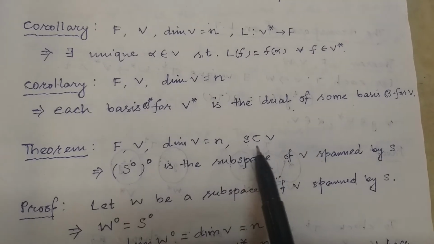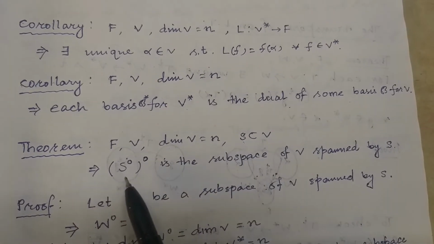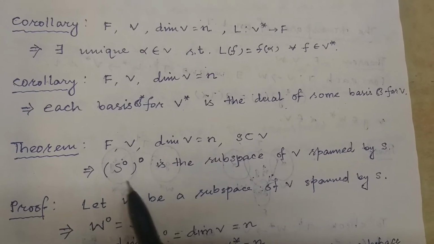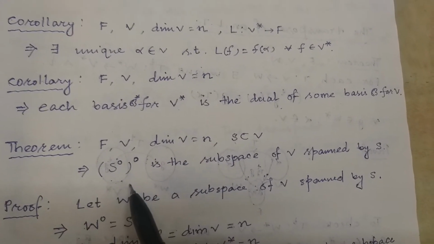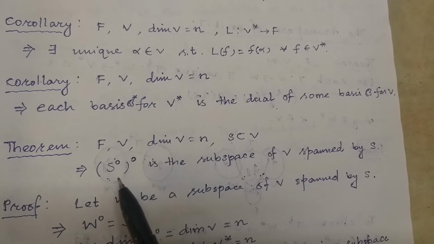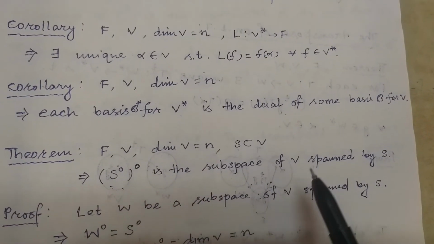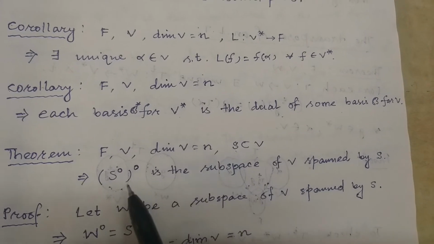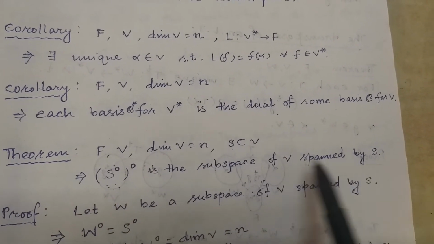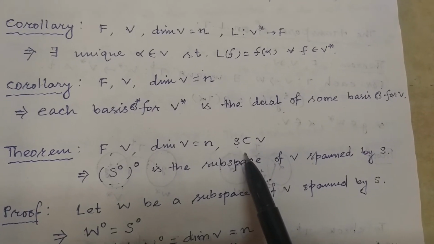And we know that for any subset S of V, S naught is a subspace of V star. Now S naught whole naught is basically a subspace of V double star, and since we have proved V and V double star are the same, it is a subspace of V spanned by S, thus S which we started with initially.